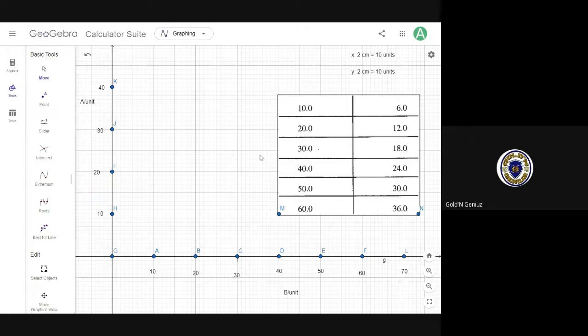So here we go now. So 60. The trick is 60 is on the x-axis. But what we would have done now is put 36 on the y-axis.